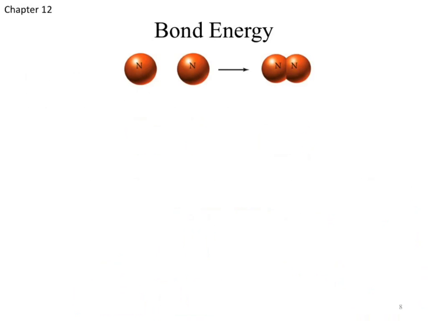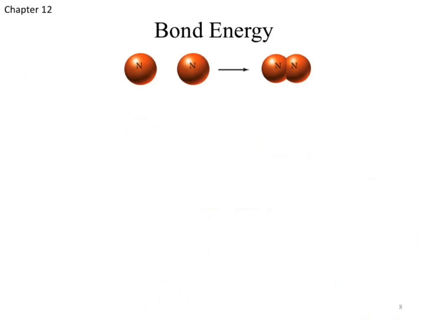Let's take a look at bond energy. What would we expect to happen to the energy if we made a bond? This is a trickier question. Would we expect our overall energy to go down, up, stay the same? Expect it to go up. Be neutral.